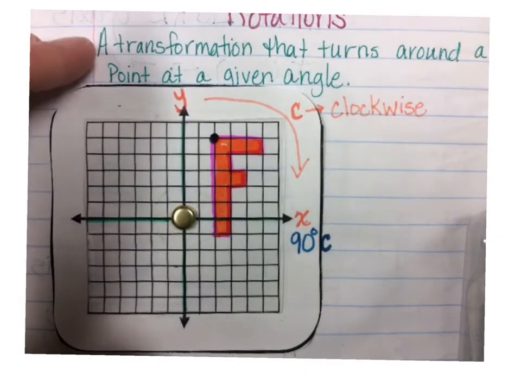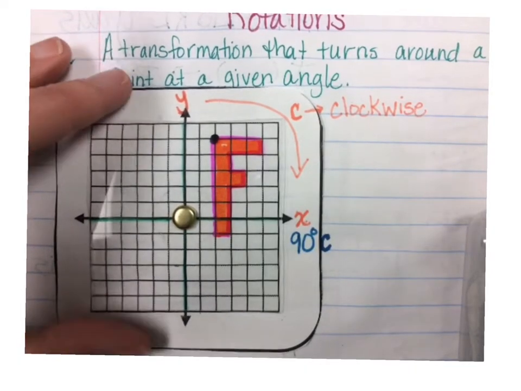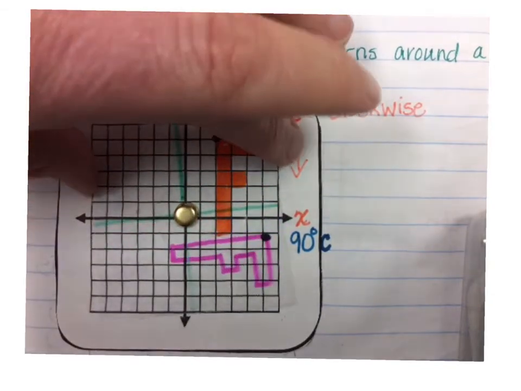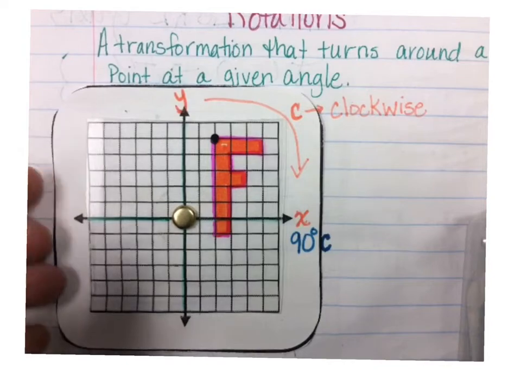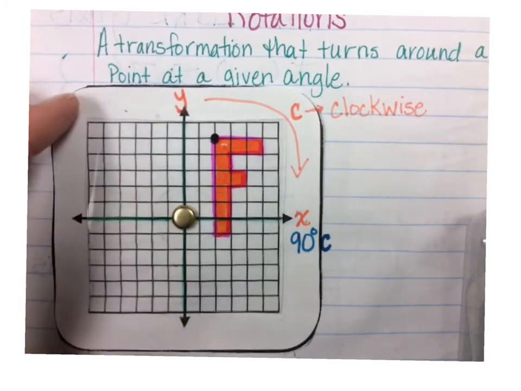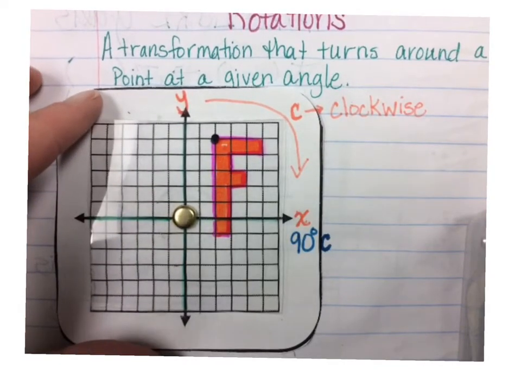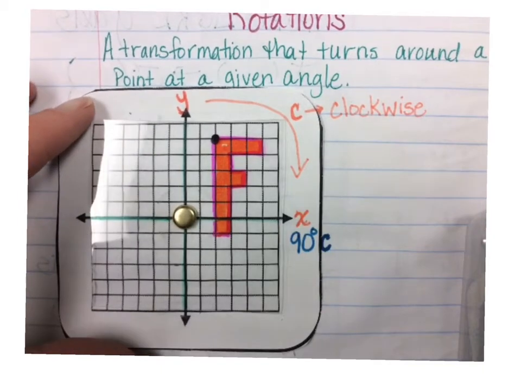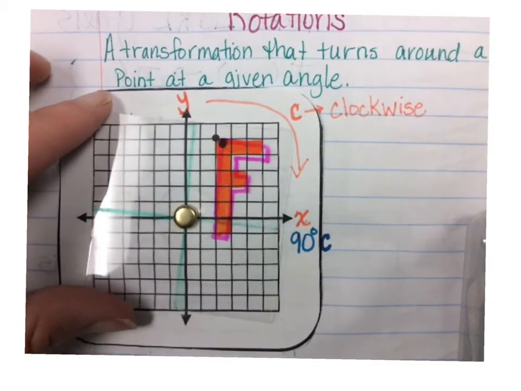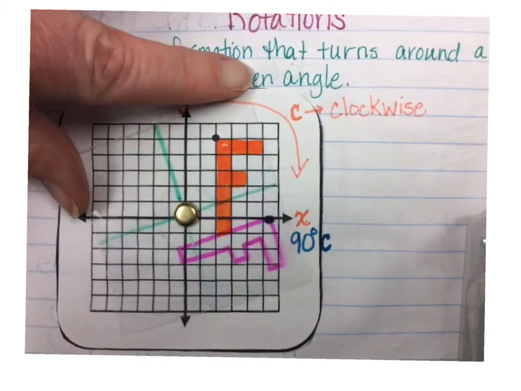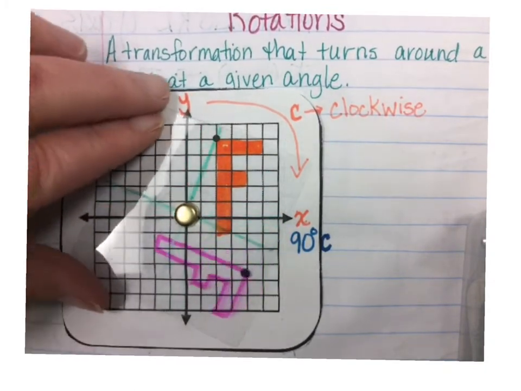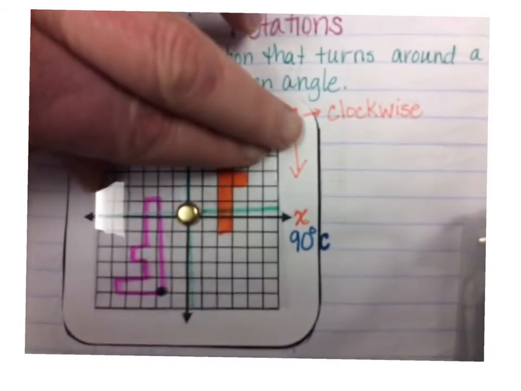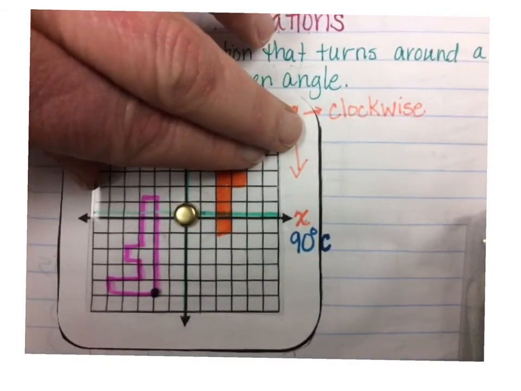Okay, now you're going to go back to your original point, because we were at 90 degrees. We're going to go back to your original F, and now we're going to again turn it clockwise, but this time we're going to do 180 degrees. So that was 90 degrees, and then another 90 makes it 180 degrees.